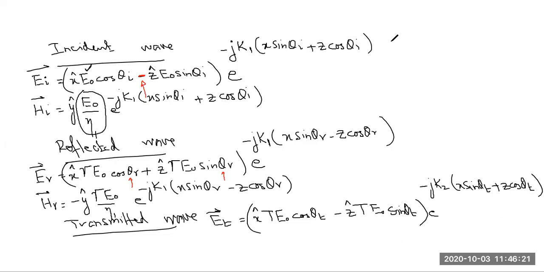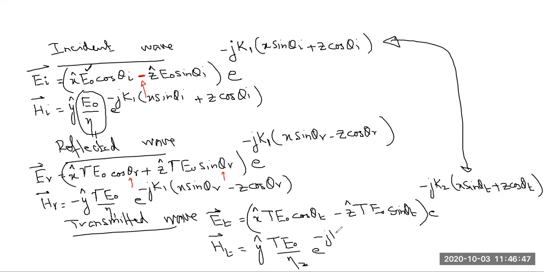So now you can clearly see how I have extracted the equation for E t from this. Similarly, H t, the transmitted magnetic field, will be in the y direction, equal to T multiplied by E naught divided by eta 2, because we are now in medium 2, and then e power minus j k2 x sin theta t plus z cos theta t.